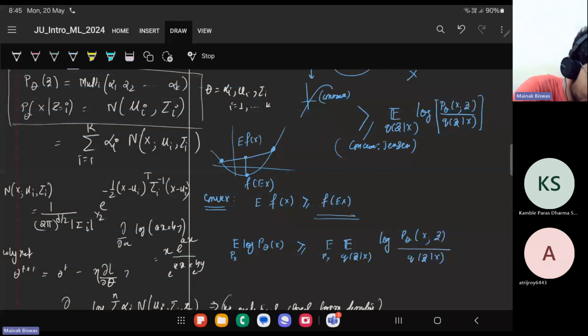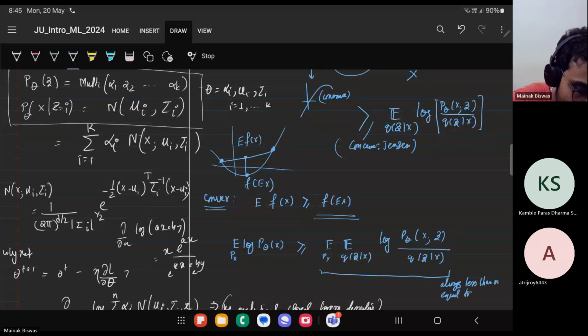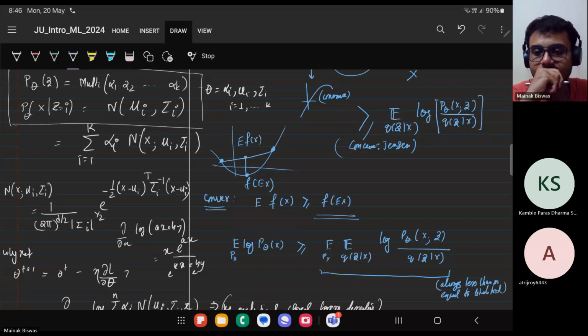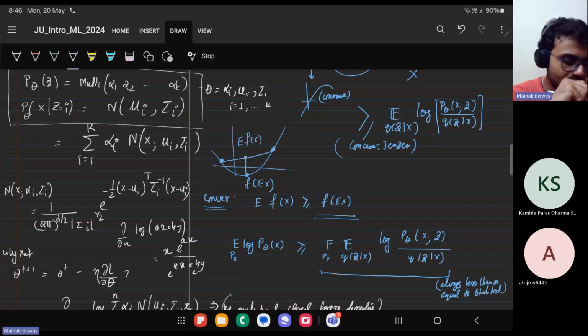So this is always lesser than or equal to the likelihood. Clearly, we have derived it.